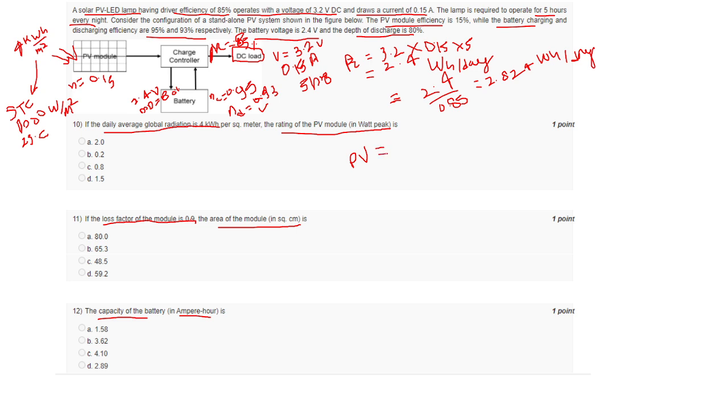Now we have to do the energy balance till here also. For that we'll include the efficiency involved with the charge controller and the battery. This 2.824 will be divided further by the charging and discharging efficiency of the battery, which is 95% and 93%.